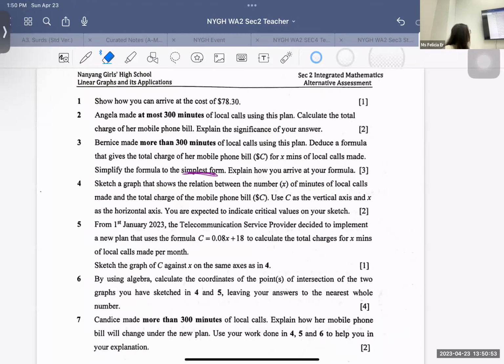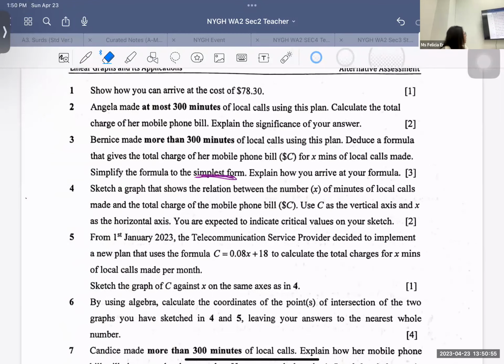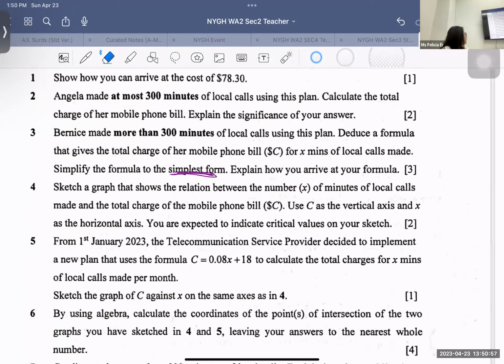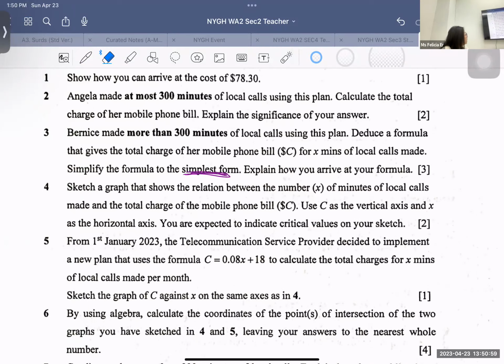So part 4, they ask you to sketch a graph that shows the relationship between the number of minutes, x, and the total charges of the mobile phone bill, which is represented by C. Take note, total charges again. So that means you need to include GST to your cost because it's charged.